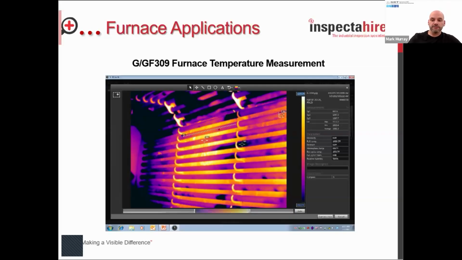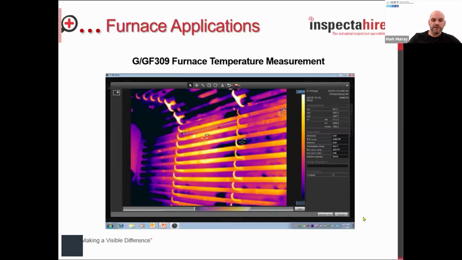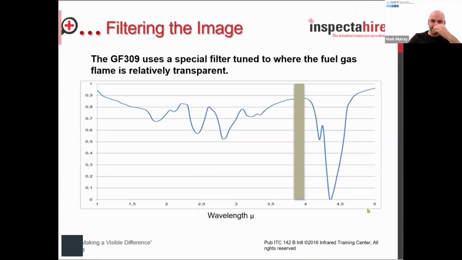But it's also a qualitative OGI application, and it's made easier, of course, by the use of a filter. Now, the GO9 uses a special filter. In this case, we're actually looking for the least absorption from our filter. So you saw with the VOC camera, we wanted to have the maximum absorption possible, which was our 3.2 to 3.4.